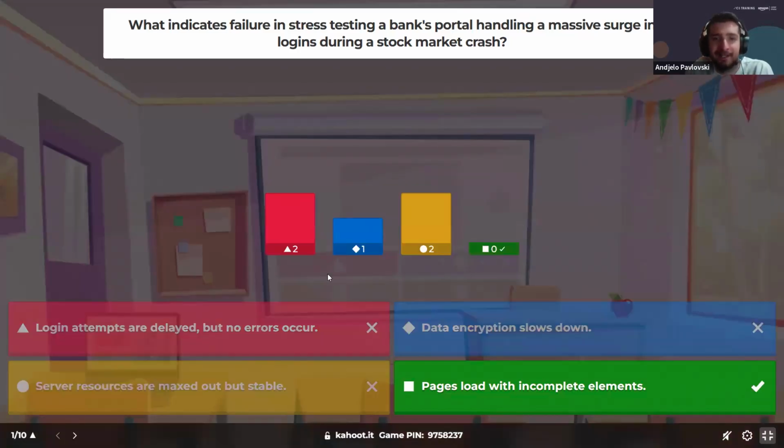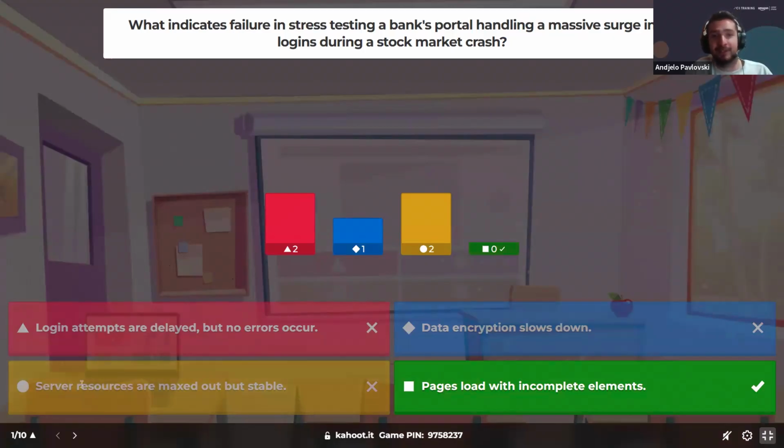I see some answers for login attempts are delayed, but no errors occur. Well, the pages do technically load and there are no errors. The login attempts are probably a bit delayed, but this is not really a result of just having a bit more users than expected. So this would not be the ideal answer.